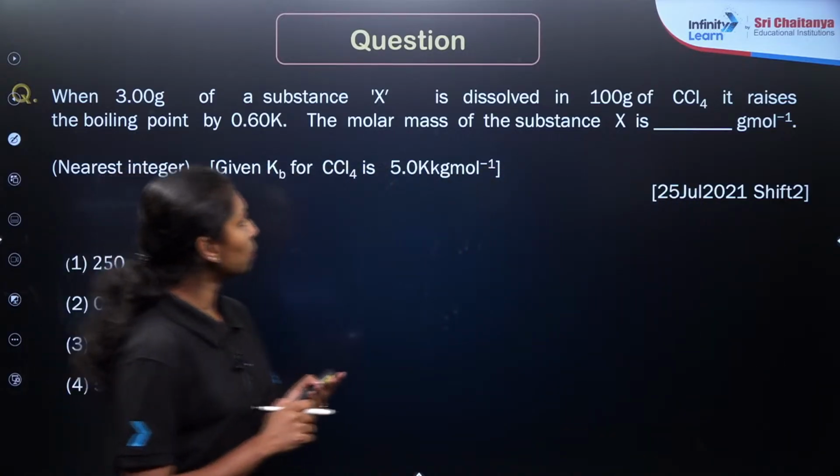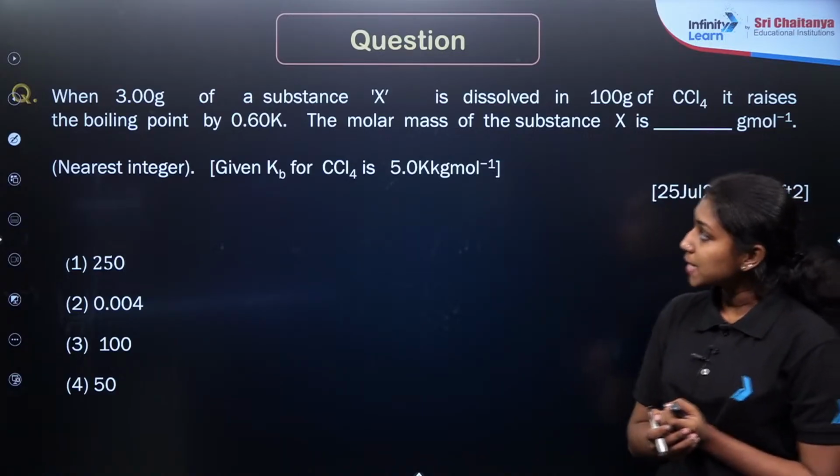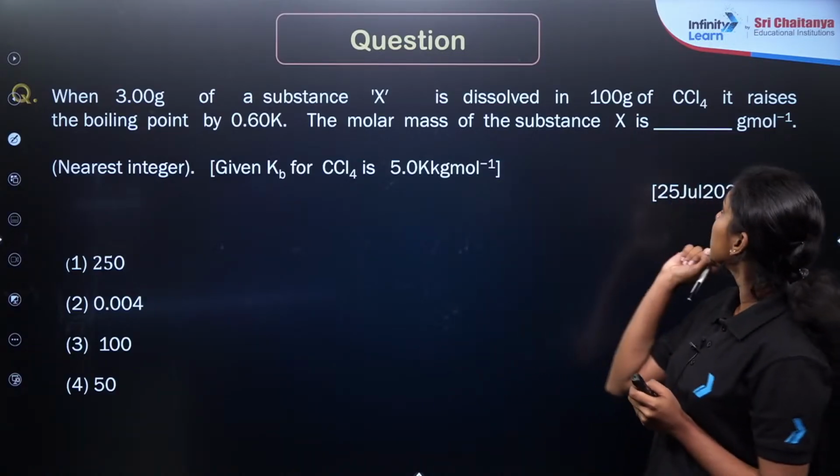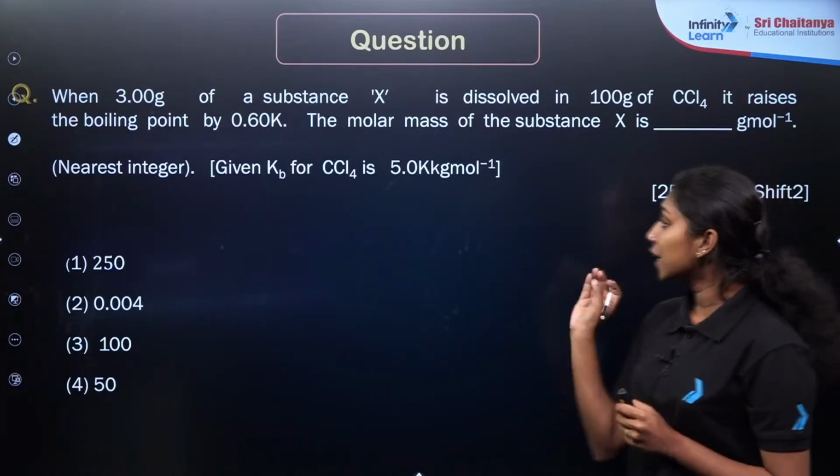Here is the last question from the session. When 3 gram of a substance is dissolved in 100 gram of CCl4, it reaches its boiling point; the molar mass of the substance X is to be given in gram per mole.